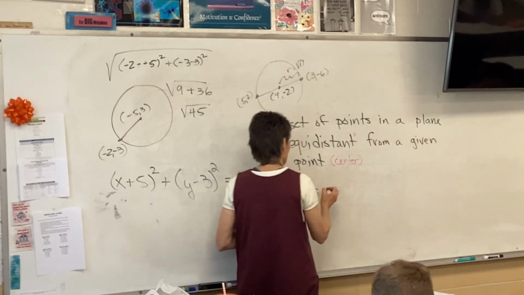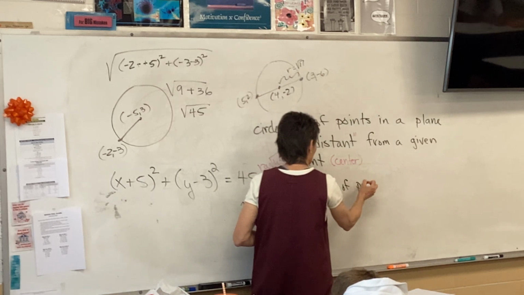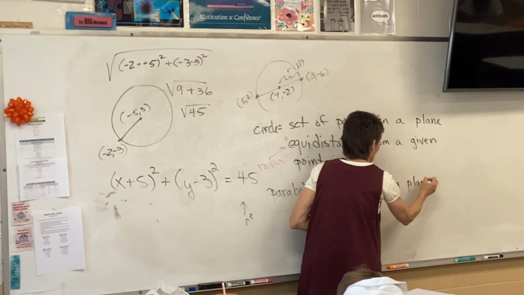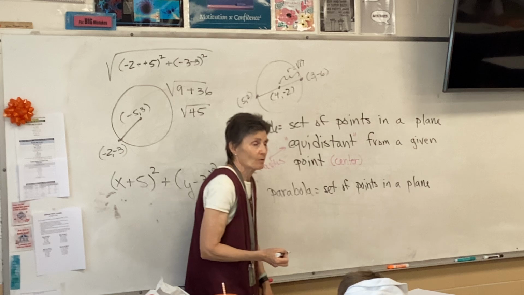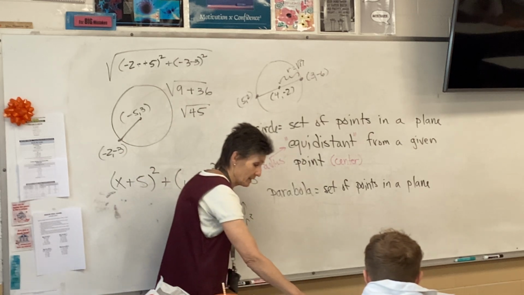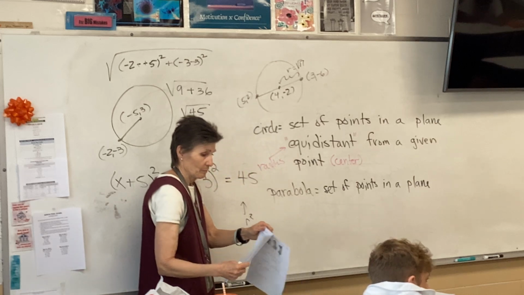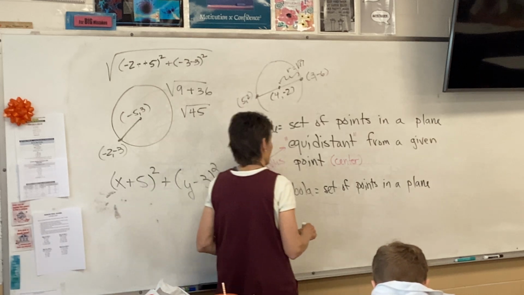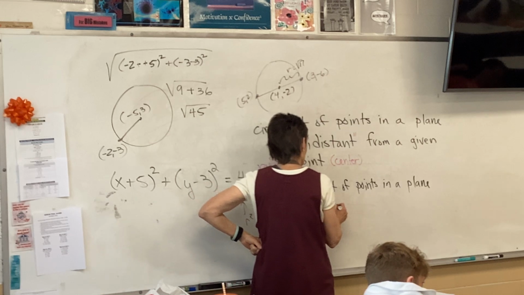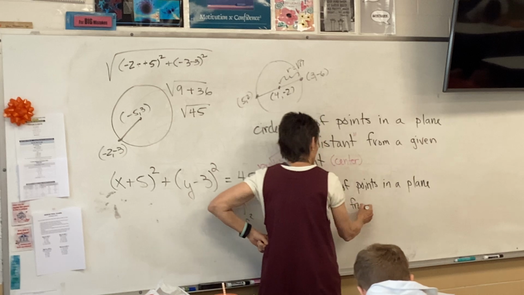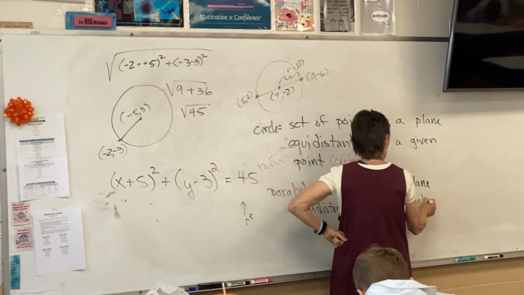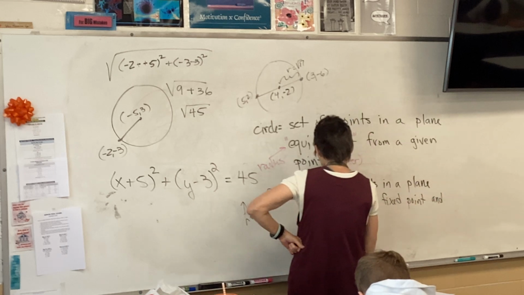Set of points in a plane. All the conic sections are what we call plane figures, so they're all going to start with that same thing. Set of points in a plane, equidistant from a fixed point and a fixed line.